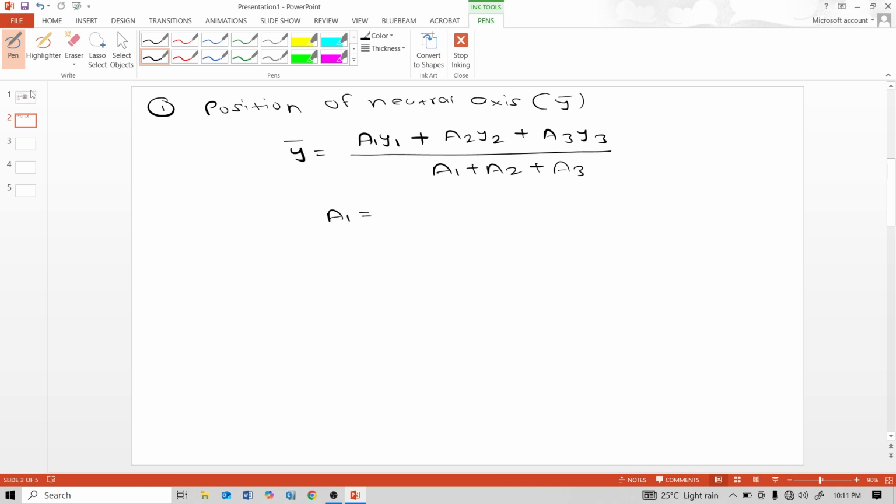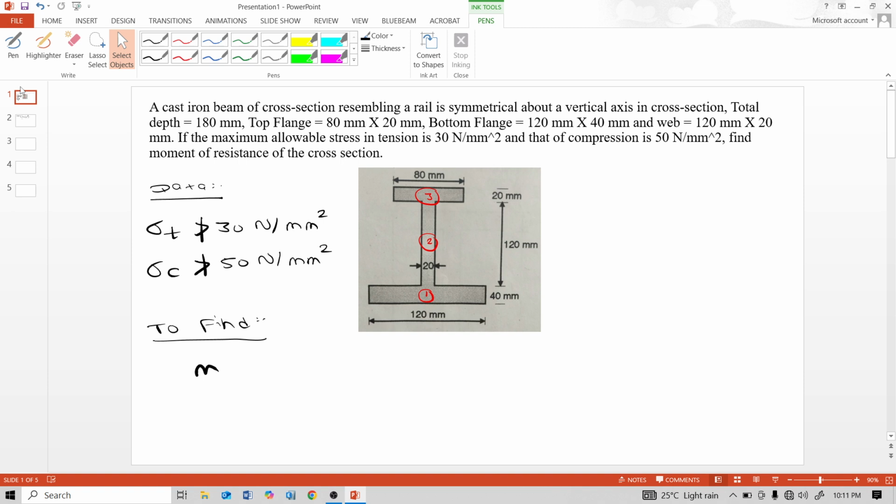A1 is, see, this bottom plane width is 120 mm and thickness is 40 mm, and this bottom plane is rectangular. So rectangle area B into T, 120 multiplied by 40, is 4800 mm square.